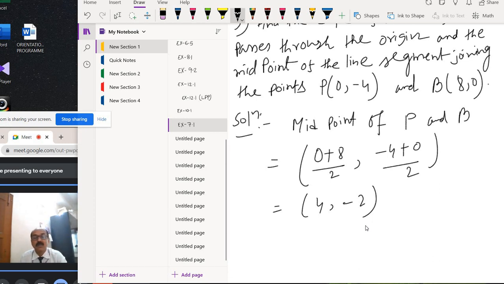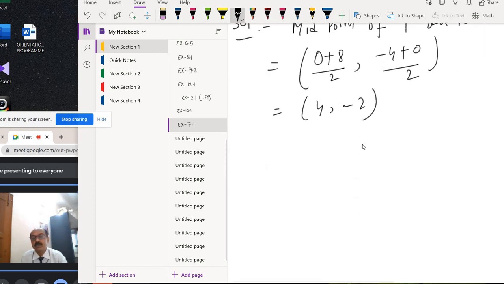Now we have to find the slope of a line which passes through the point 0, 0, the origin, and this midpoint 4, comma minus 2.